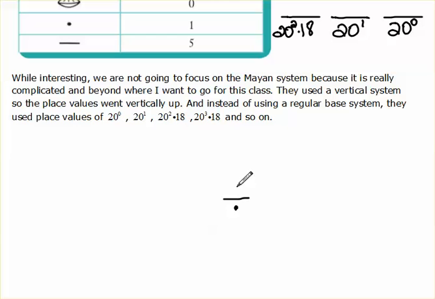And then let's say they had an 8, they would have a line with 3 dots in the third position. They went vertically up. So that gets to be very complicated, and especially with that multiplying by 18, it's something that we're just not going to tackle in this class.